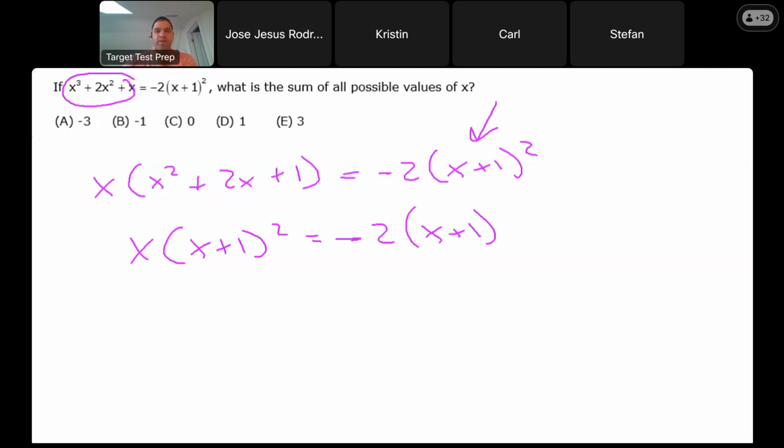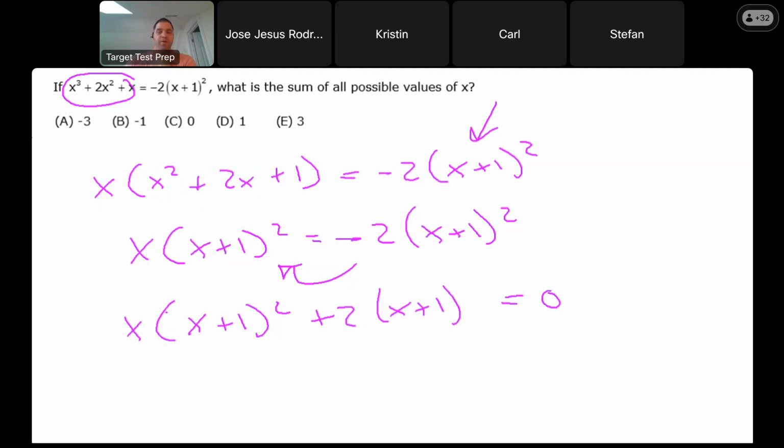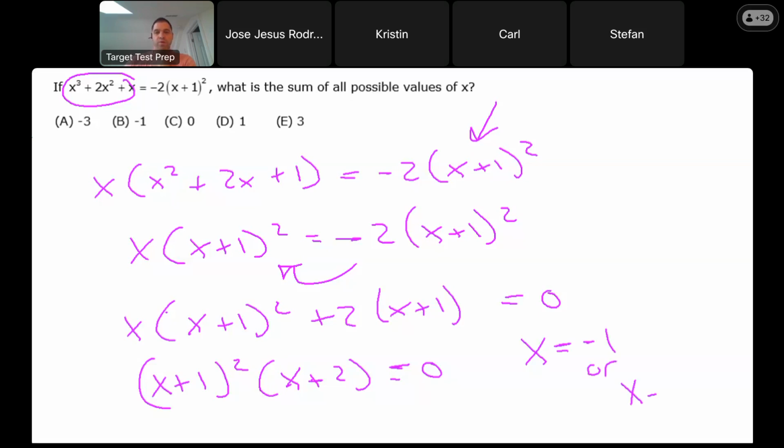But yeah, you pull out the x plus 1, or you bring this over rather, x times x plus 1 squared plus 2x plus 1 equals 0, and then you pull out the x plus 1 squared again, you're left with x plus 2 times x plus 2, and then yes, x is either equal to minus 1 or minus 2. Sum that together, you get minus 3.